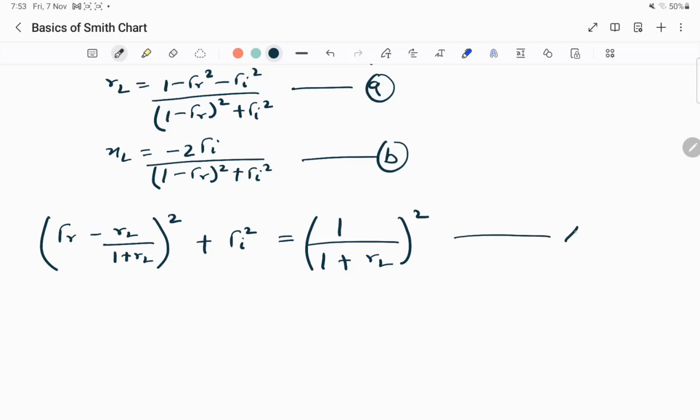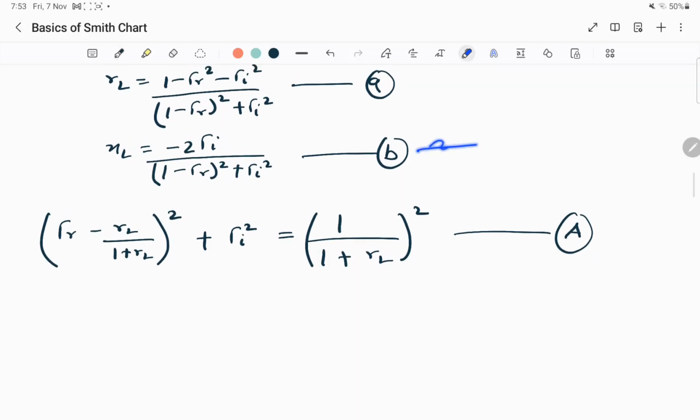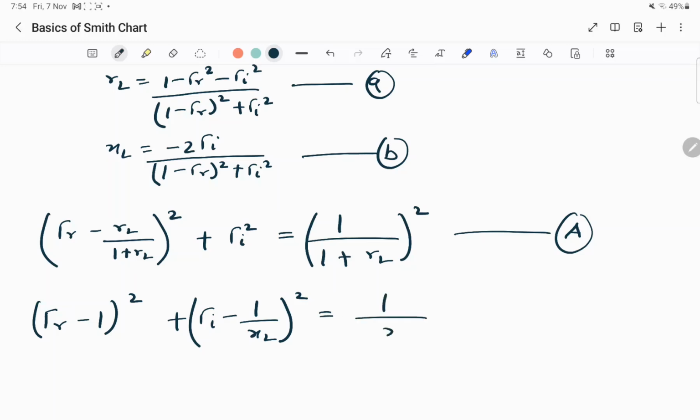Let me call this equation capital A. Similarly, when you rearrange equation small b, you can find that it becomes (Γr − 1) whole squared plus (ΓI − 1/XL) whole squared is equal to (1/XL) whole squared.